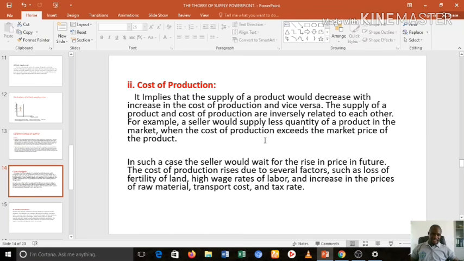They will make losses, and because they will make losses, they will reduce their supply. Generally, if the cost of production is higher than the selling price of the good, as a supplier or a producer, you are going to make what? Losses. So because you are going to make losses, your quantity supplied is going to fall, right? So you will be willing to supply less.